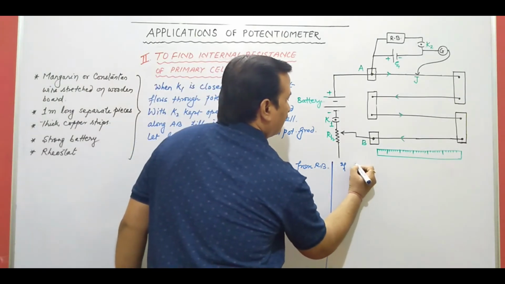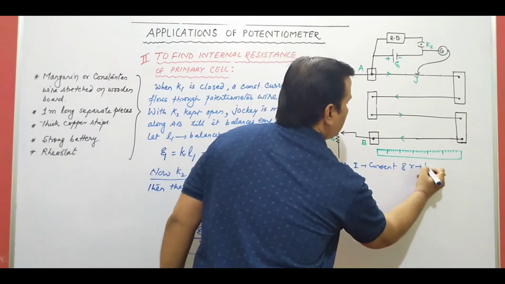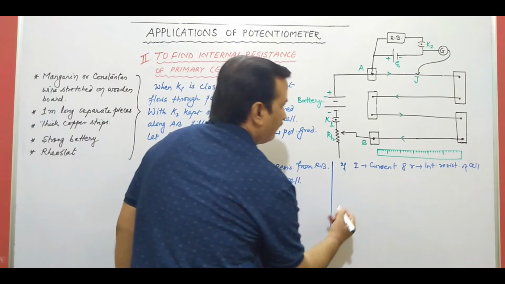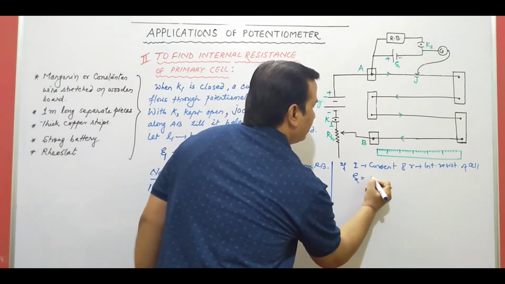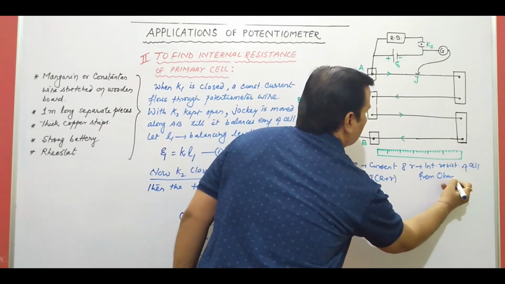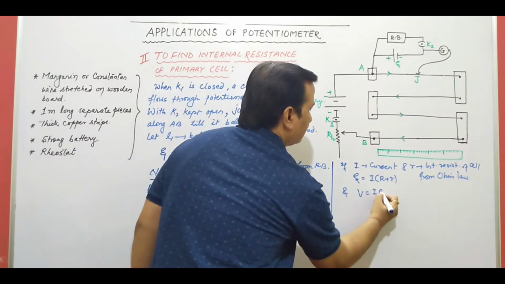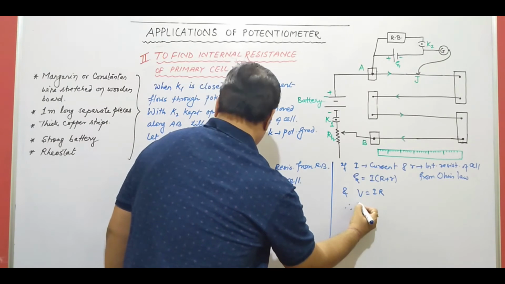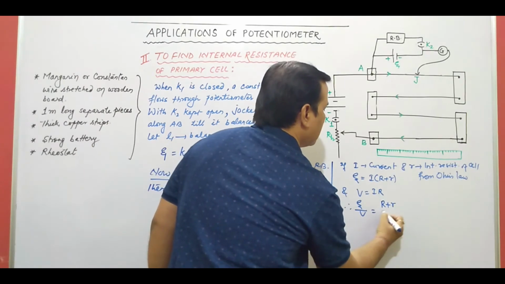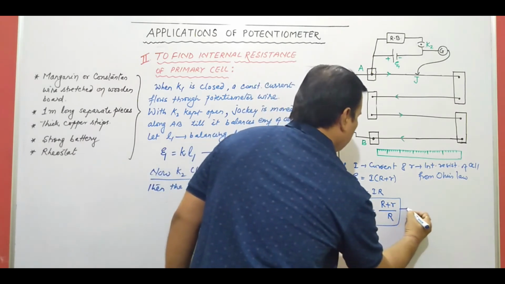If I is the current and r is the internal resistance of the cell, so we can write from Ohm's law E is equal to I(R plus r), and V is equal to IR. So therefore what we can get from here, E upon V is equal to (R plus r) upon R. This is another equation, that is equation number 4.